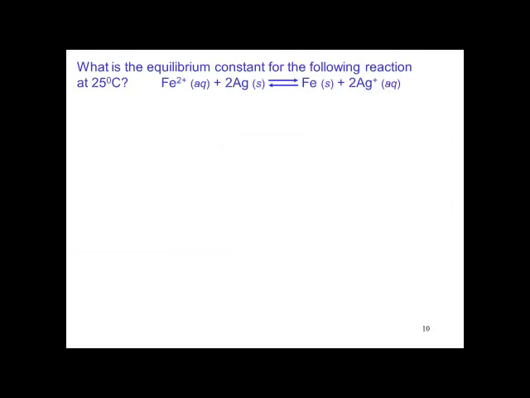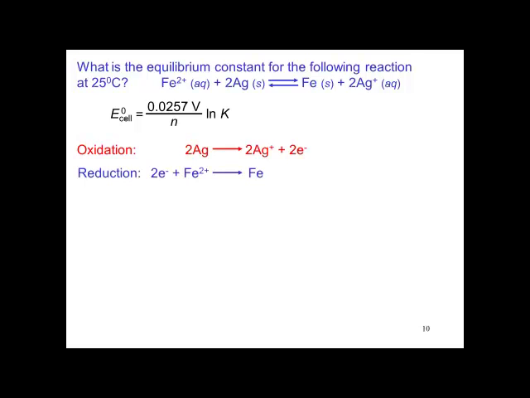What is the equilibrium constant for the following reaction at 25 degrees? Iron 2+ plus 2 moles of silver in equilibrium with iron and 2 moles of silver ion. Remember, E0 of the cell is 0.0257 volts divided by n times the ln of K. The oxidation: 2Ag goes to 2Ag+ plus 2 electrons.